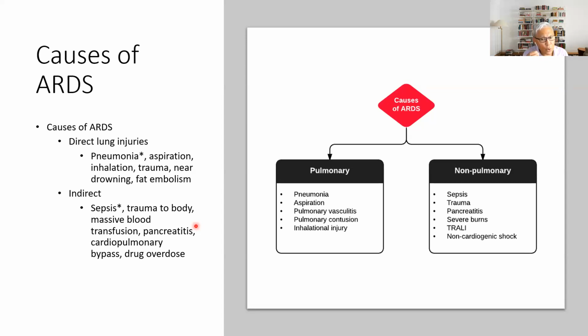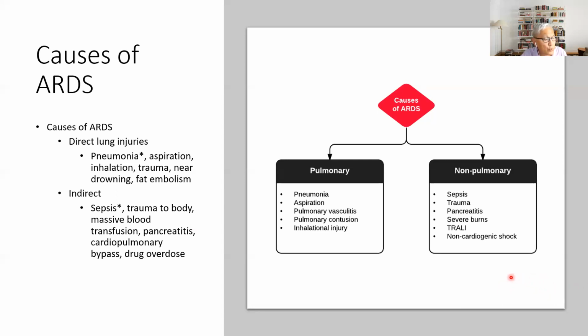But there are also conditions that cause indirect lung injury, meaning to say that the pathology is not in the lungs, it's outside of the lungs, but it eventually causes lung damage or lung involvement. And this would include your sepsis, your trauma, severe trauma to the head, burns, for example.